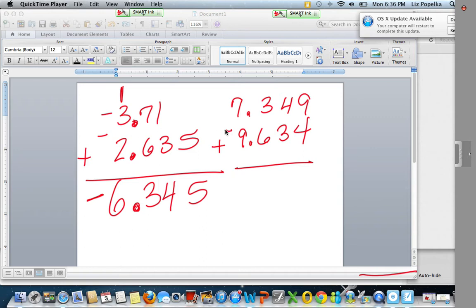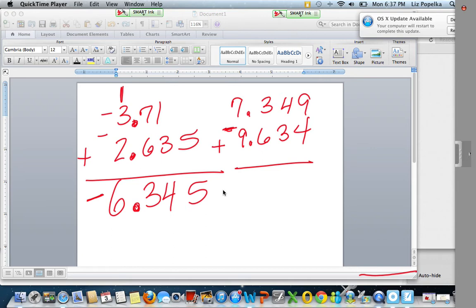So I'm adding a positive and a negative number together, which means that my final answer is going to end up being a negative because I've got 7 point something positives, but I've got more negatives. I've got 9 point something. So by the time I put together all these positives and negatives and they end up canceling each other out, because there are more negatives, my final answer is going to be a negative left over.